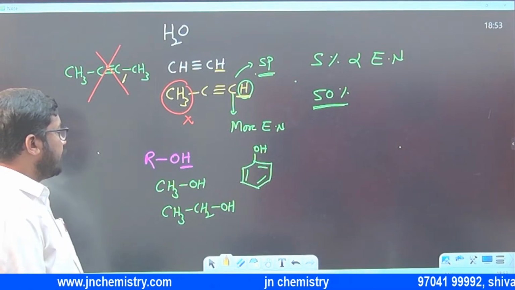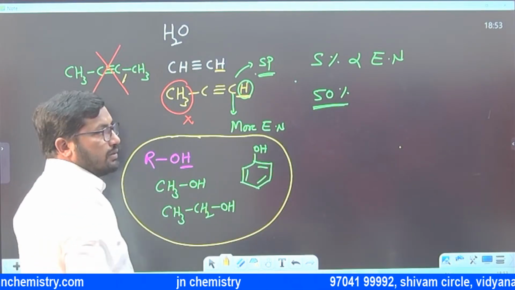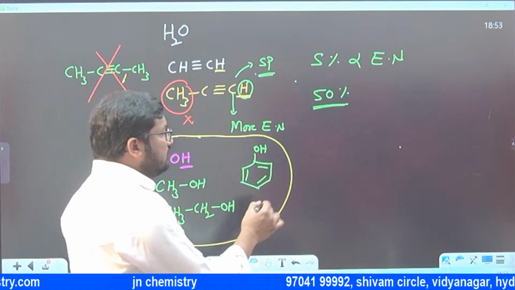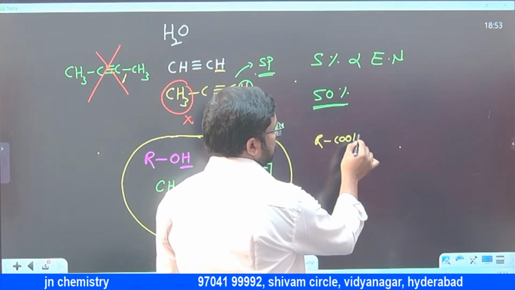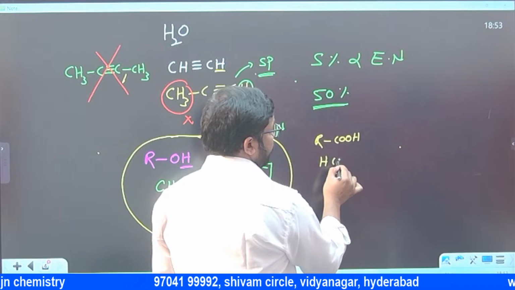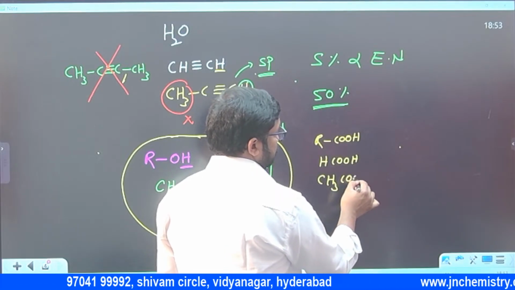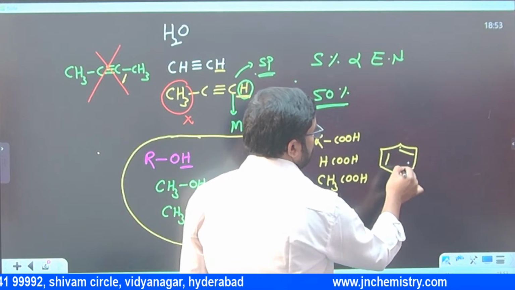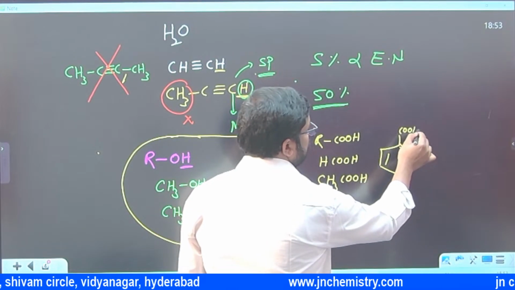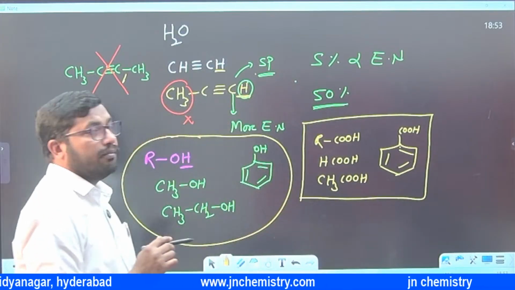Next, this is alcohols, phenols, carboxylic acids, or COOH, like HCOOH, CH3COOH, including benzoic acid.